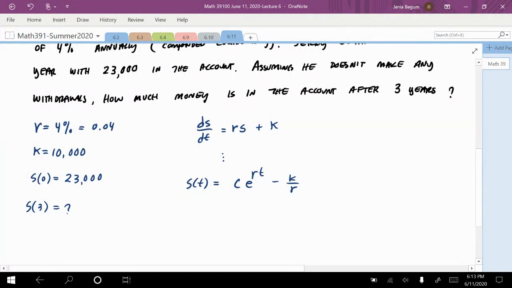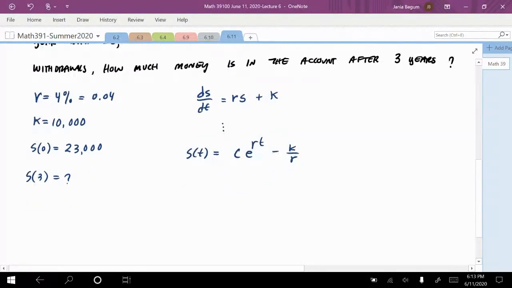Now I'm going to go ahead and plug in our initial condition. What's the initial condition for this one? We have S of 0 is 23,000. So that's going to be 23,000 is equal to C e to the r times 0, minus k over r.